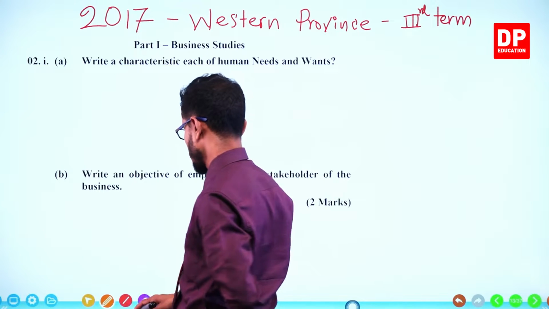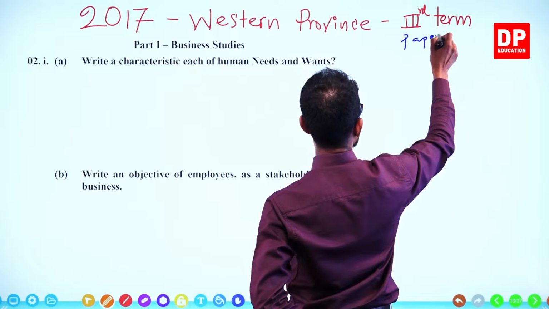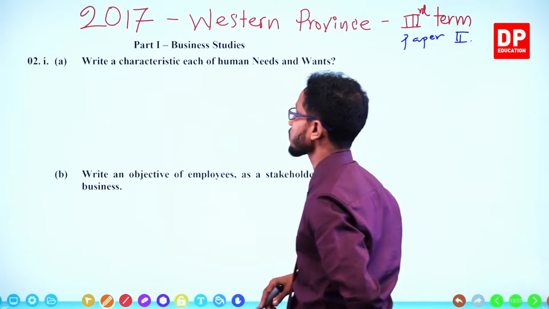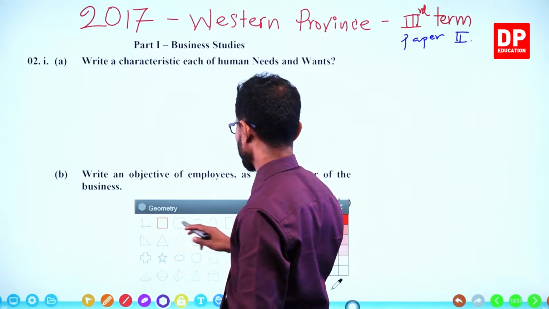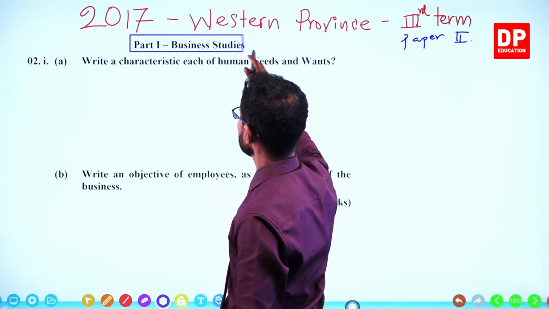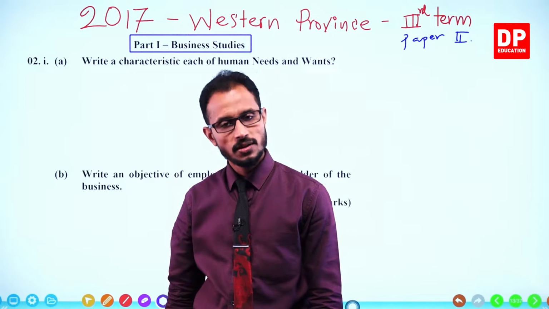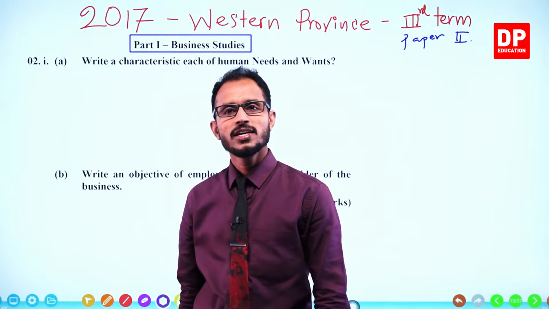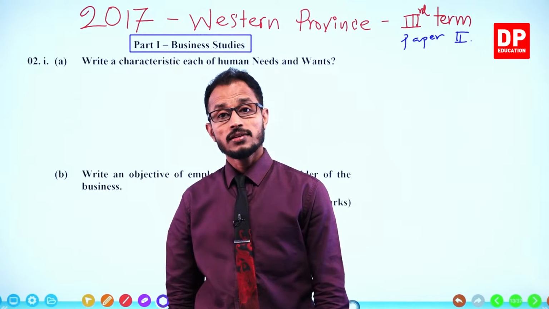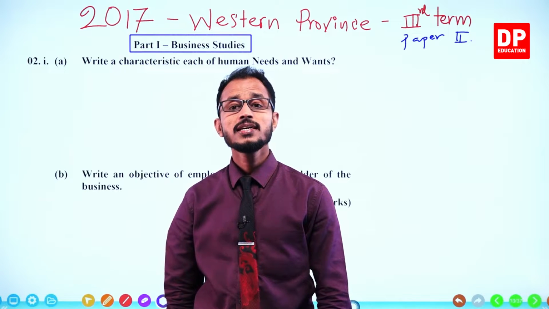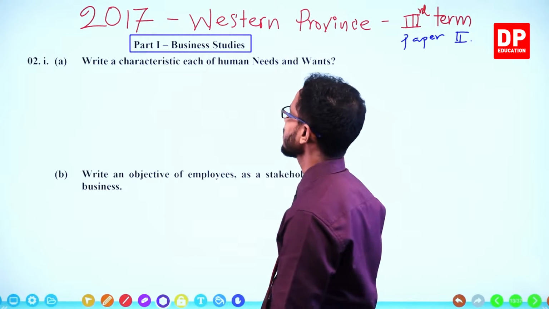Which paper is this? This is paper 2. And we are at the first part of the paper, the part 1, which is the business studies part, not the second part.